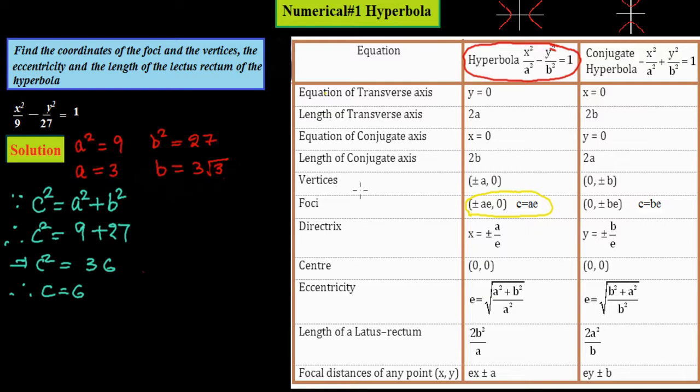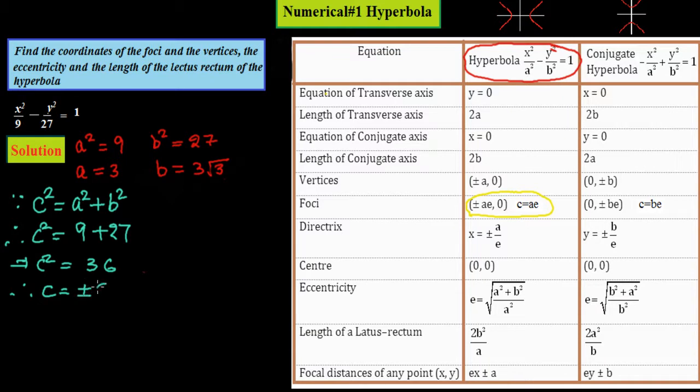Now to find the coordinates of foci, we don't use it as a distance, so we will use plus minus 6.